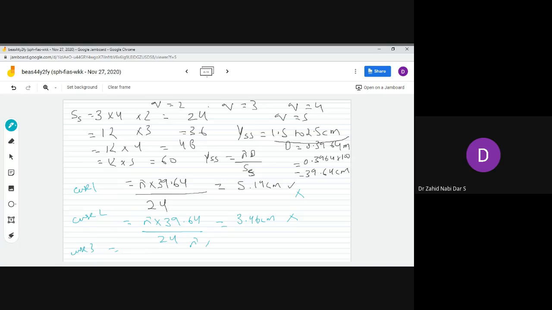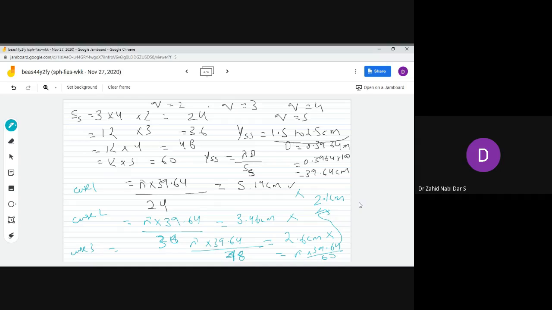Now case 3, dividing by 48, we find it is around 2.6 centimeter, not in the range. Now let's take the final case, pi into 39.64 divided by 60. When we take this case, it comes around 2.1 centimeter, so it is good to go.